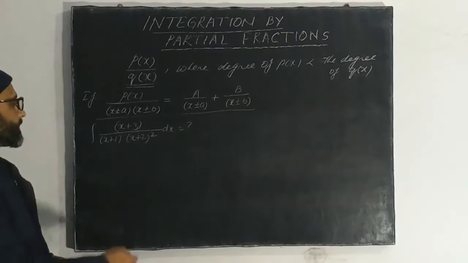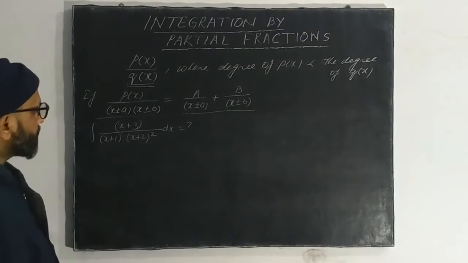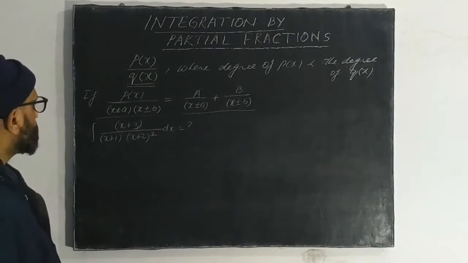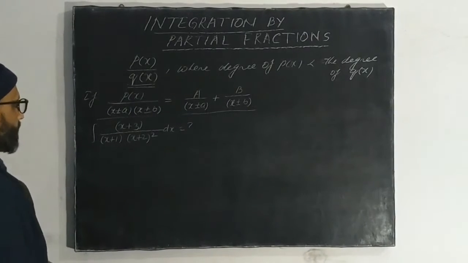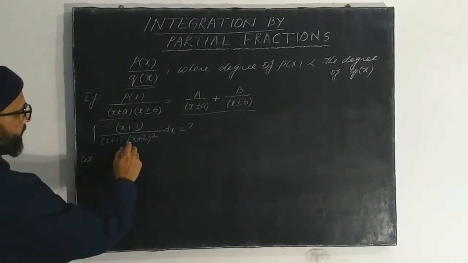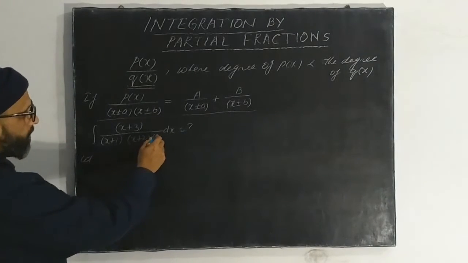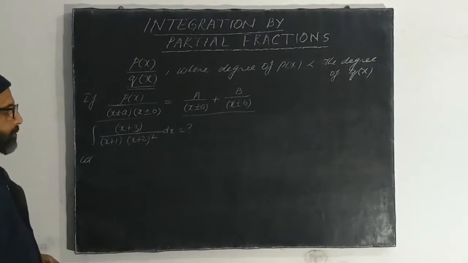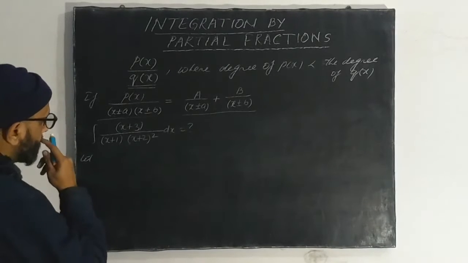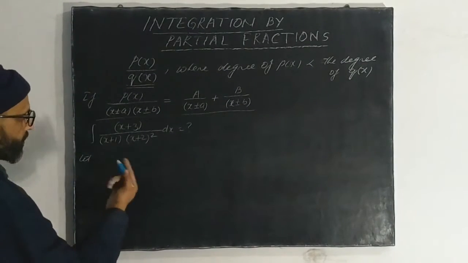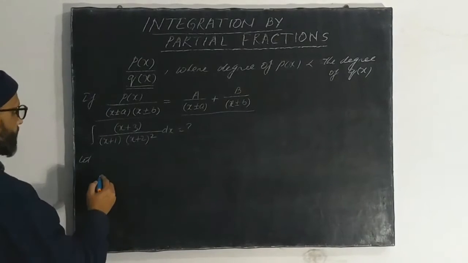Now the second example we have taken is the integral of (x + 3)/((x + 1)(x + 2)^2). Here this is case 2, where there is a square or a higher power of a linear binomial in the denominator. Then there is a little difference between the first form and this one.